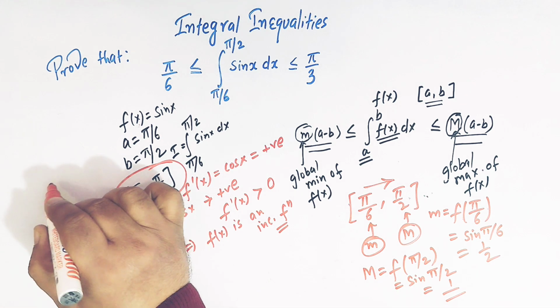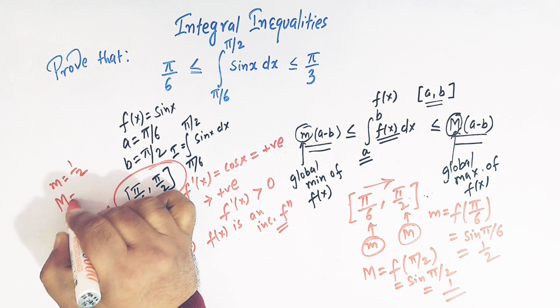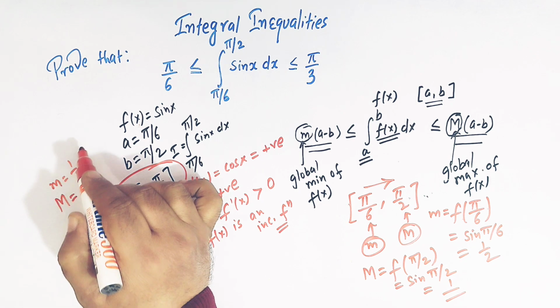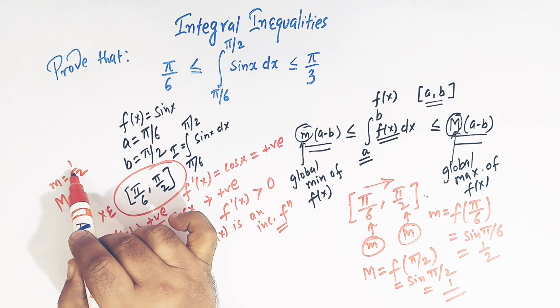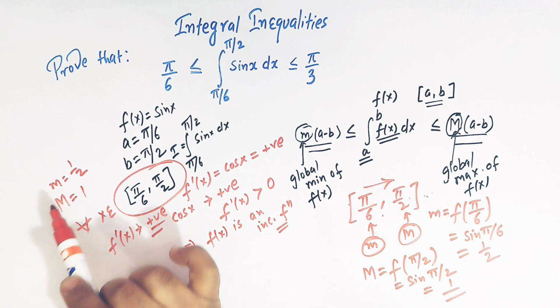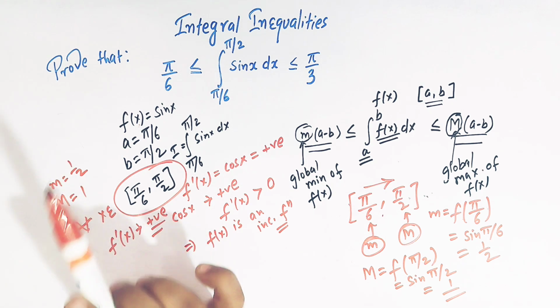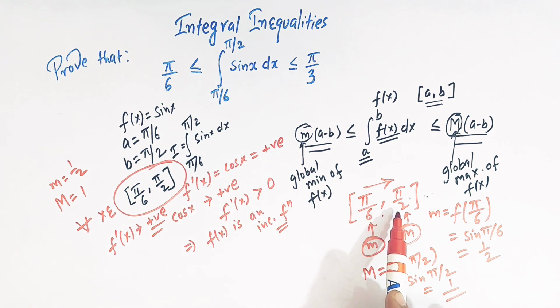So the value of small m is half and the value of capital M is 1. Half is the absolute minimum value of sine x in this interval, and 1 is the absolute maximum of sine x in this interval. Let us substitute all these values in this inequality.